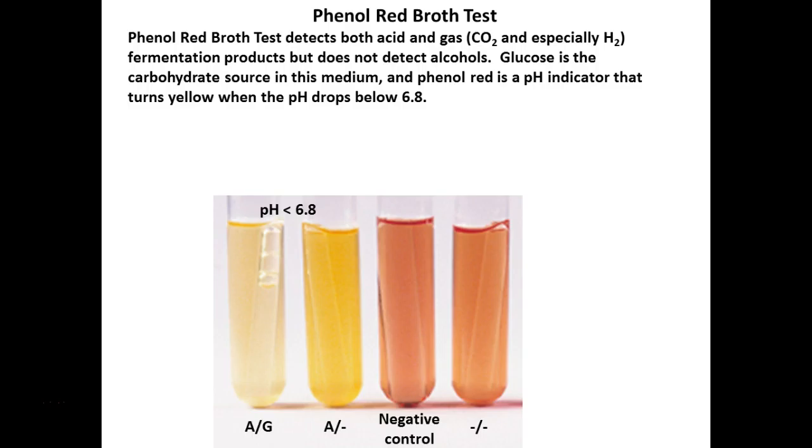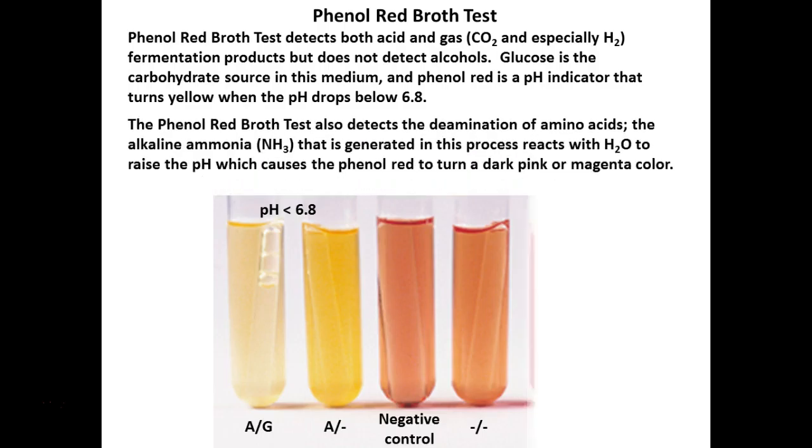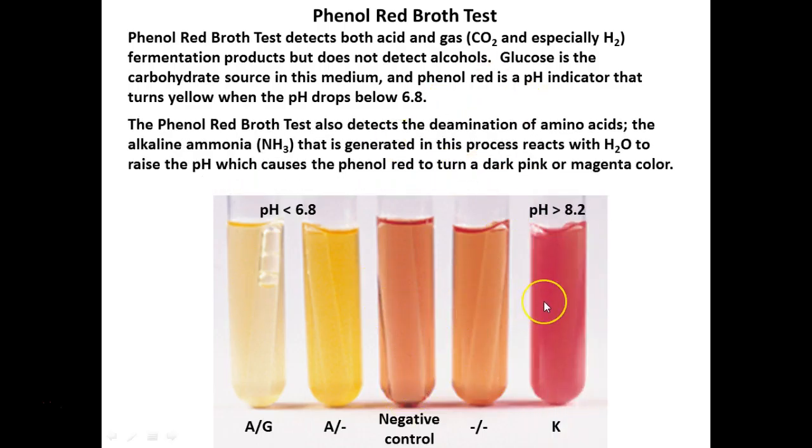What else can we detect with the phenol red tubes? Is sugar fermentation the only option? No, they're going to turn pink. What does pink mean though? It became basic, right? The media became basic, which means the organisms did what?